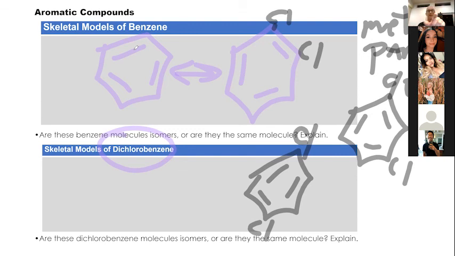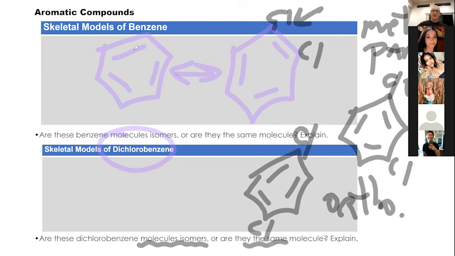When they're close together, it's ortho. When they're separated by 1 carbon, we call it meta. And when they're opposite to each other, we call it para. So it'd be ortho-dichlorobenzene, meta-dichlorobenzene, para-dichlorobenzene. So are these molecules isomers, or are they the same molecule?